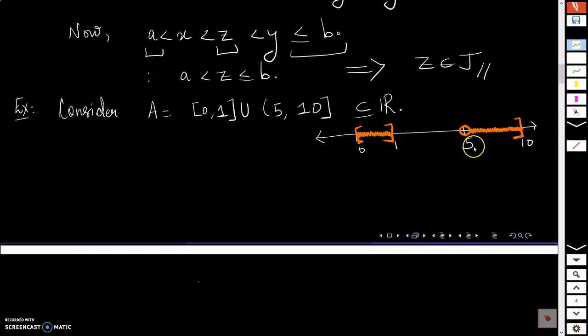Now can you check whether the set A, the subset A of R which is given, is an interval or not? This set A is not an interval.